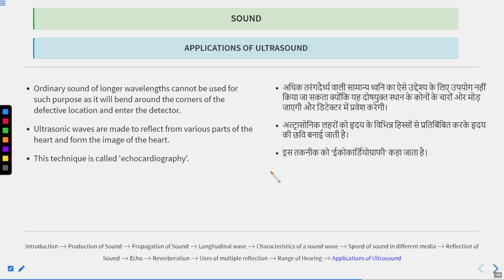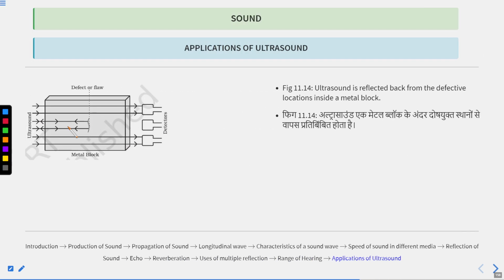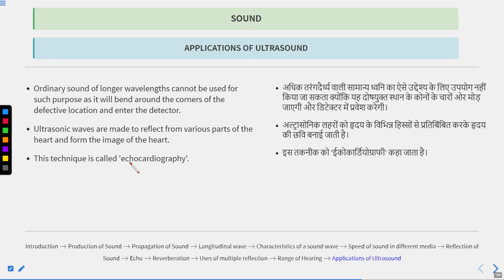If we do not use ultrasound and are using different waves, then that different wave will get deflected in different directions, and that can be detected by the detector, which is not useful for us. So for this purpose, we can only use ultrasound waves because they have high frequency.